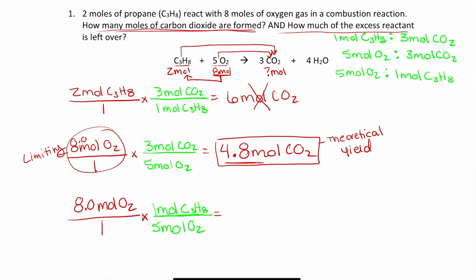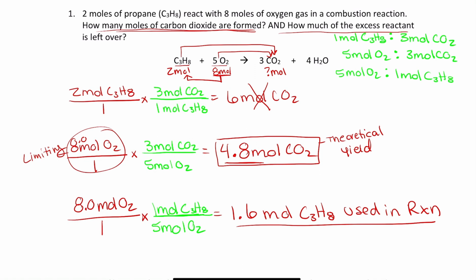If I put this in the calculator, that tells me that 1.6 moles of propane are used in the reaction. So 1.6 moles of propane are going to be used up by that 8 moles of oxygen.